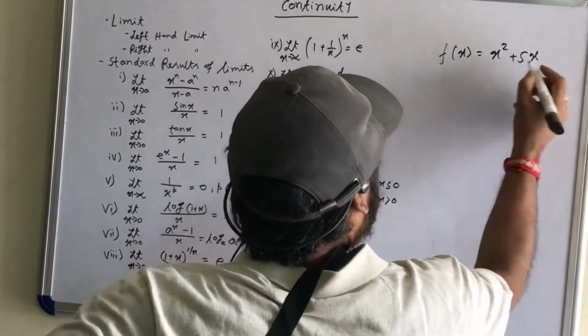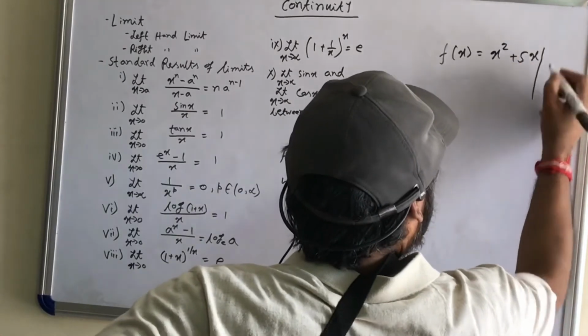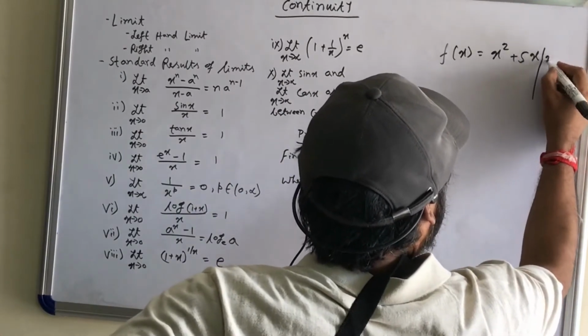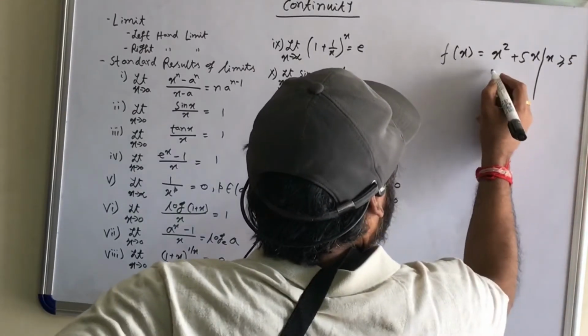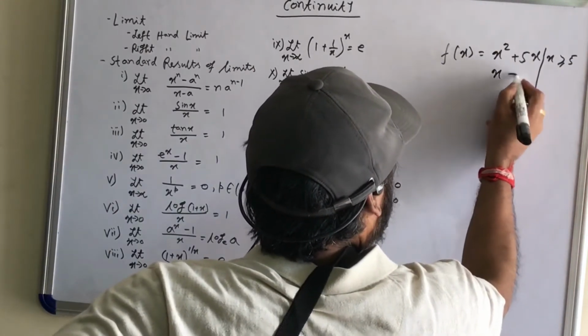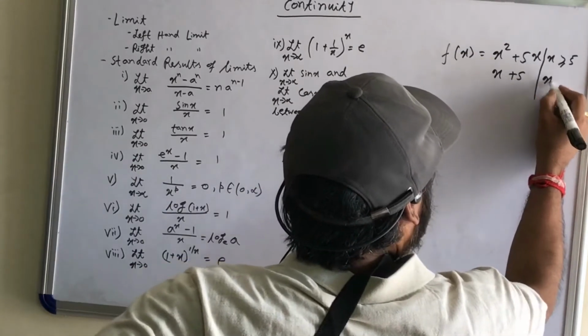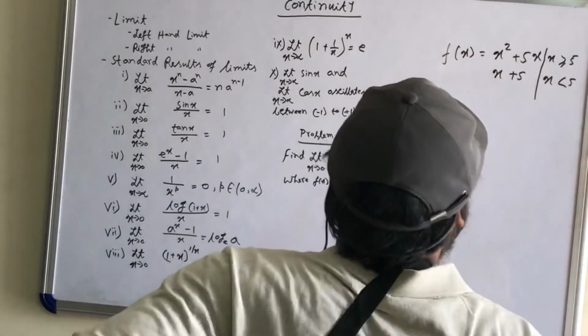Say f(x) is equal to x square plus 5x for x greater than or equal to 5, and x plus 5 for x less than 5.